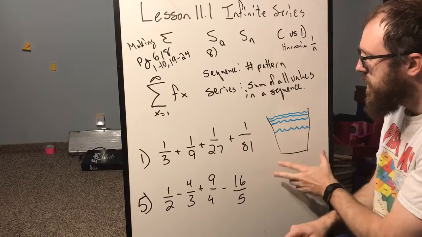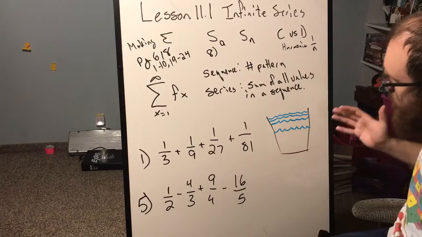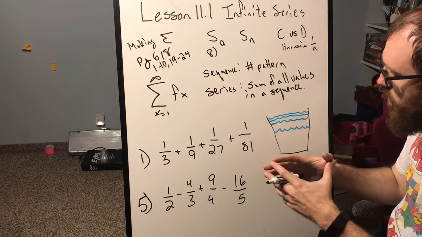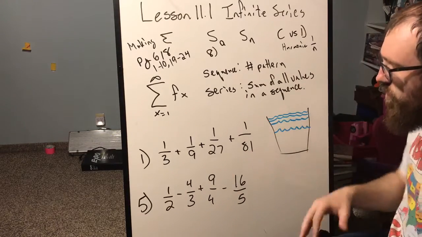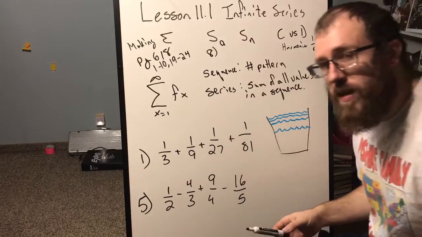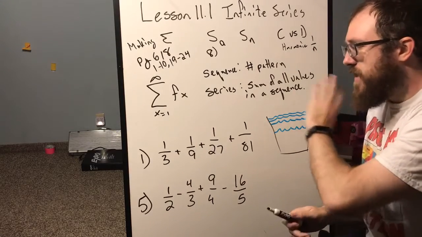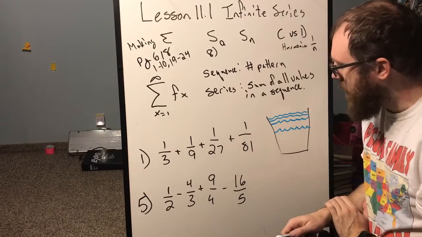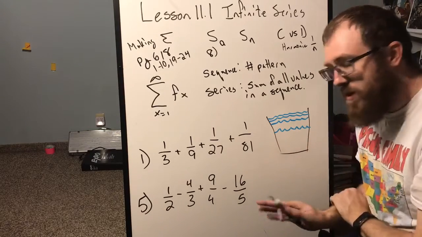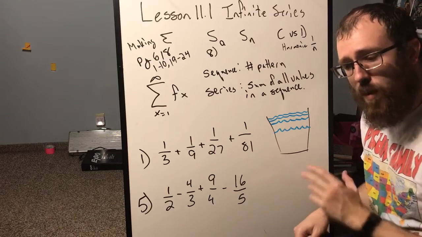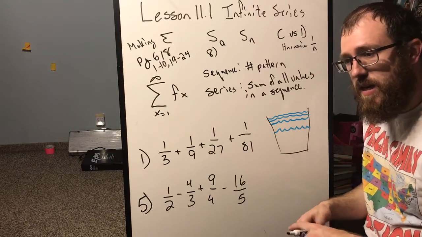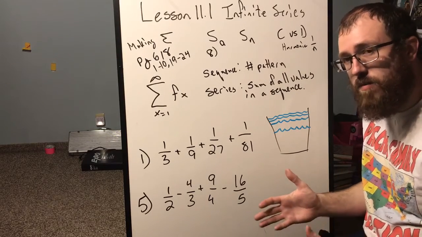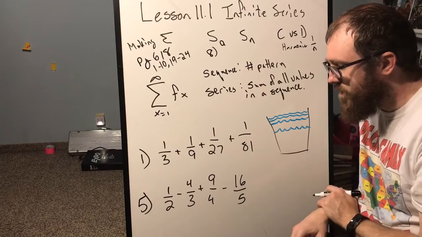Will we be able to find the series over every value or not? Now, we won't be doing any actual finding the series all the way to infinity, but we're preparing ourselves to see if a series can be found all the way to infinity.